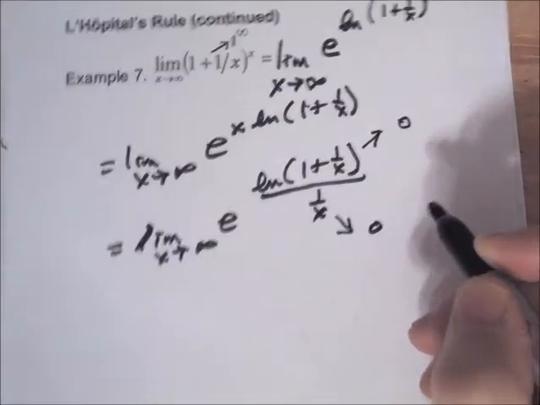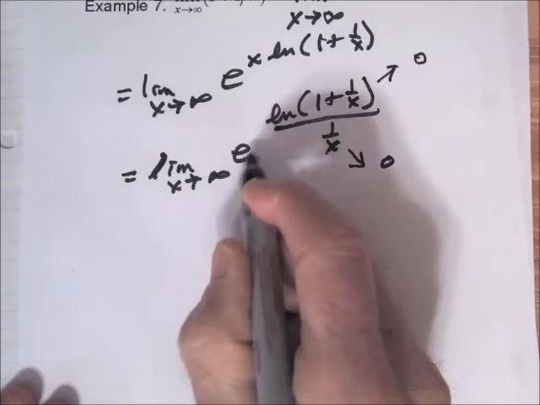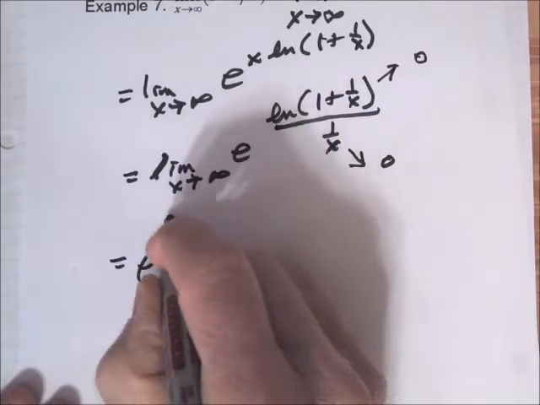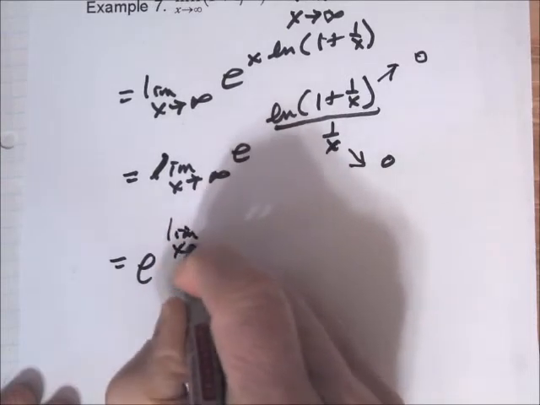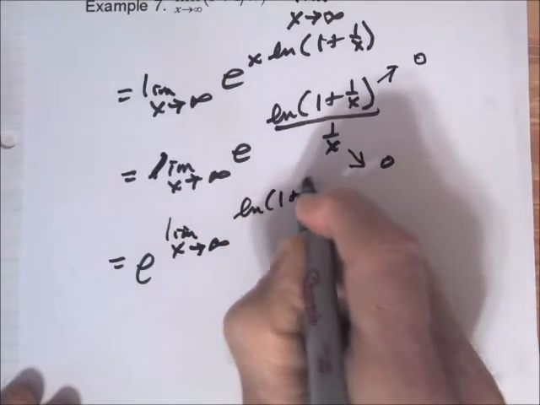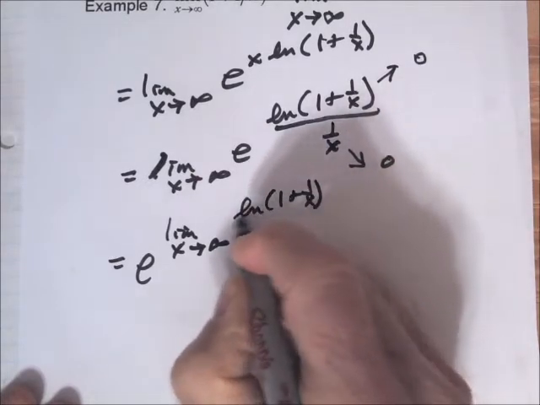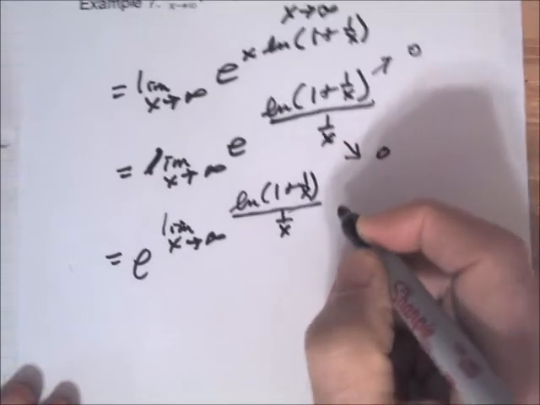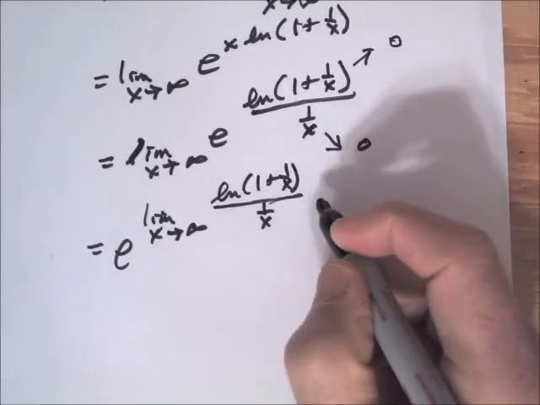So we can take the limit inside the exponential. So this is the exponential of the limit as x goes to infinity of ln of 1 plus 1 over x, over 1 over x. And take the derivative of the top and bottom separately, applying L'Hopital.